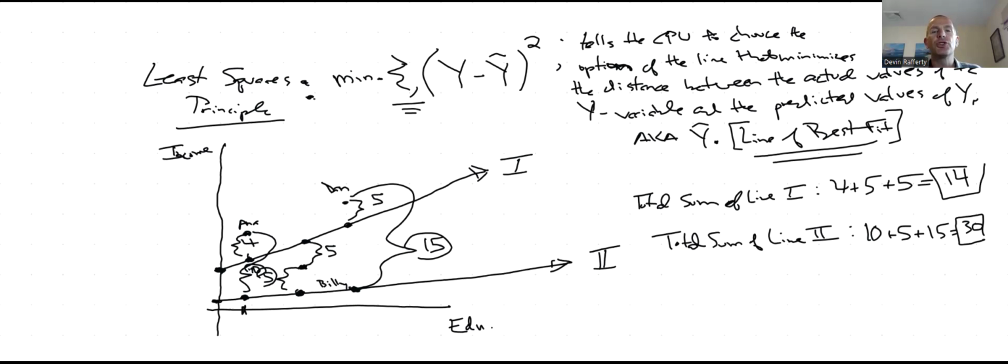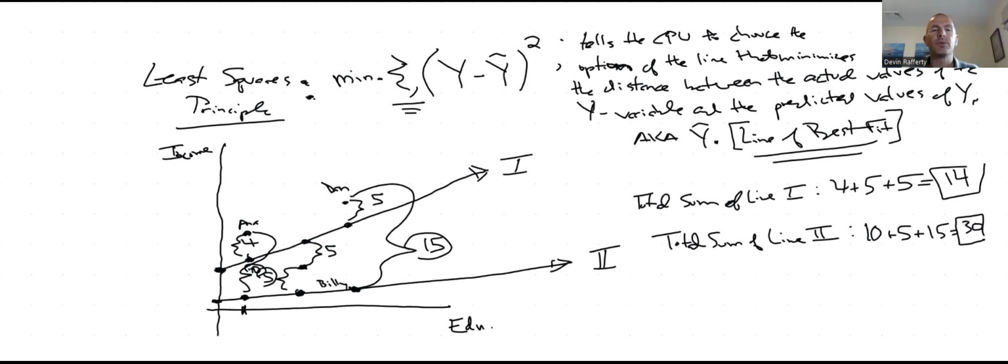So we want to choose the line that minimizes the distance between the actual and the predicted values of y. We want the line of best fit. We want the line that cuts through the data as best as possible. That's the line we're interested in.